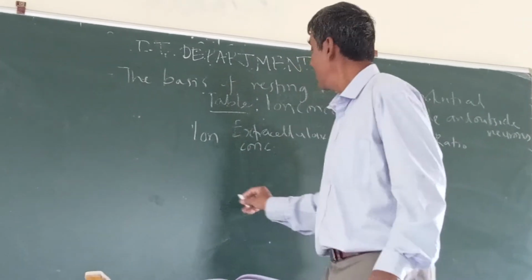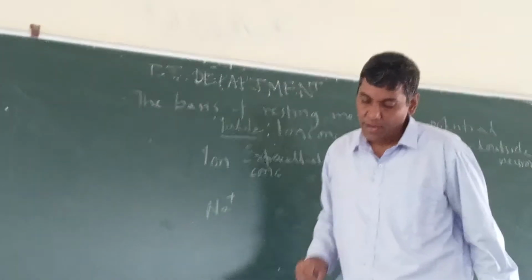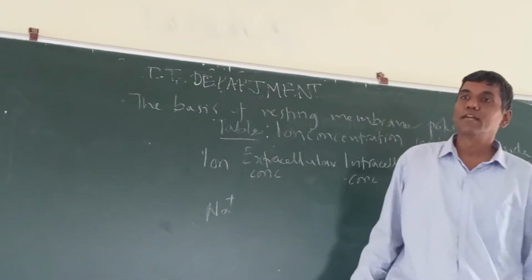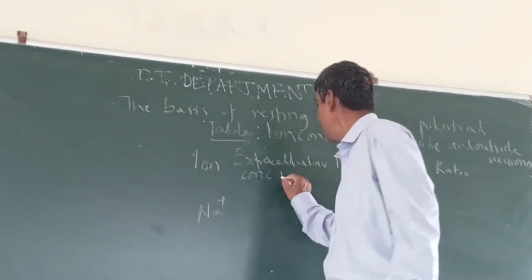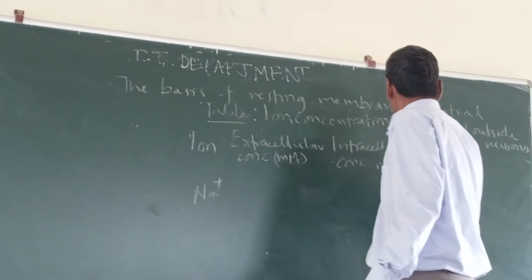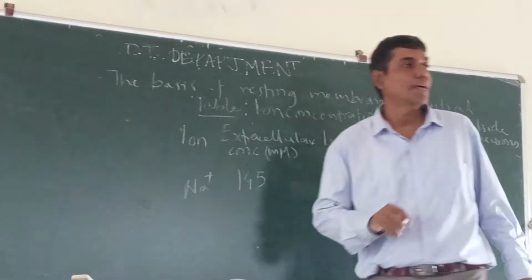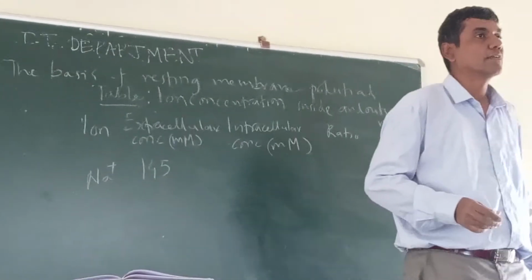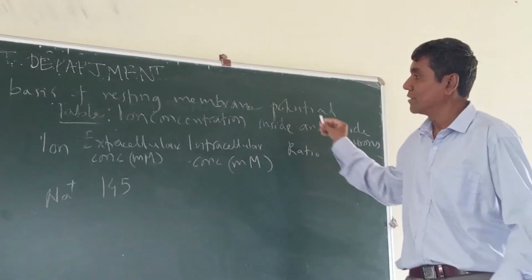So, for example, let us consider the sodium ion. Sodium is positively charged, and its extracellular concentration is 145 millimolar. So it is in millimolar concentration. They are higher in concentration outside the plasma membrane.